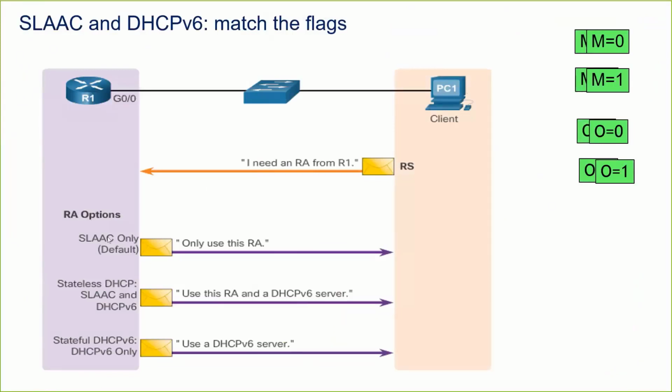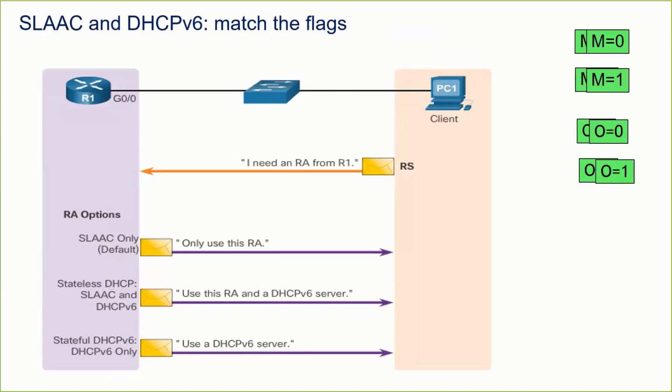I am doing SLAAC only, right? What will my flags be for SLAAC only? Okay, so I need to know what the M flag would be and what the O flag would be. So if it's SLAAC only, that means what is doing the work? Who's doing the work when I'm doing SLAAC? The router. The router's doing everything.